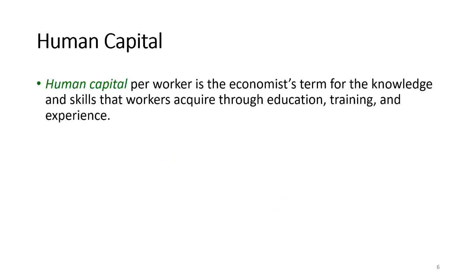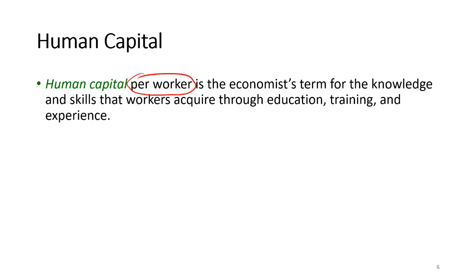Now let's talk about the second important factor that affects productivity, which is human capital. Also, human capital per worker. When I say human capital per worker, you take the total human capital and divide it by the population. Human capital per worker is the economist term for the knowledge and skills that workers acquire through education, training, and experience.